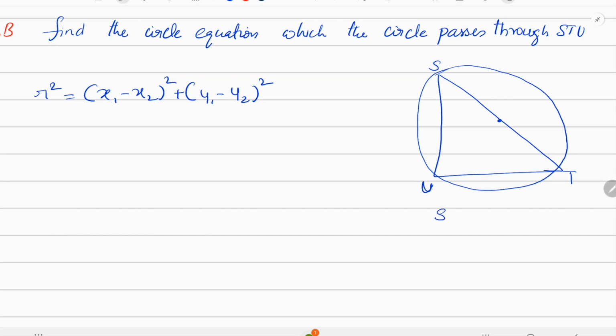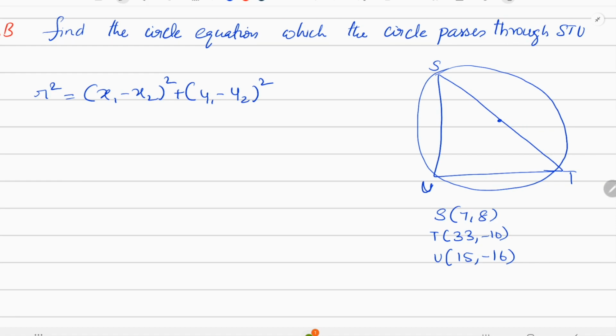S is 7 comma 8, T is 33 comma minus 10 and U is 15 comma minus 16. If you find the center point, then obviously you get the radius.